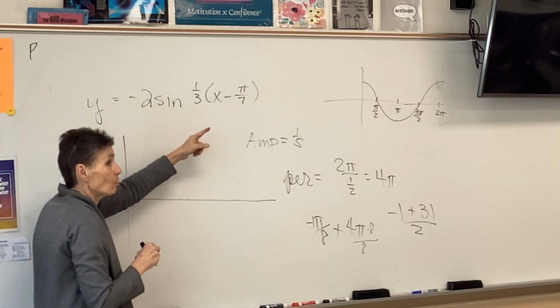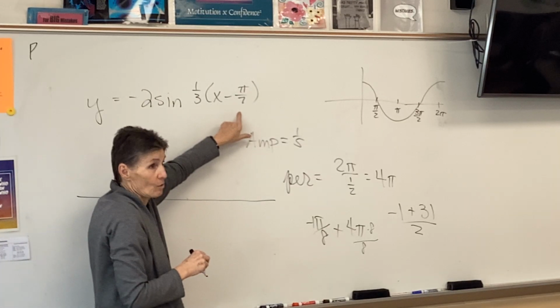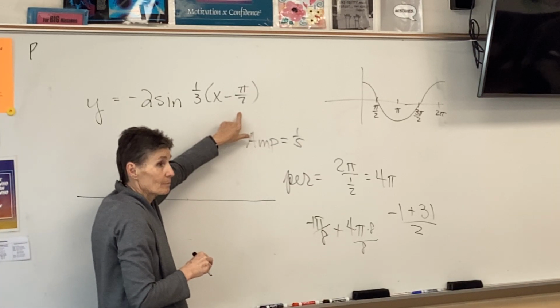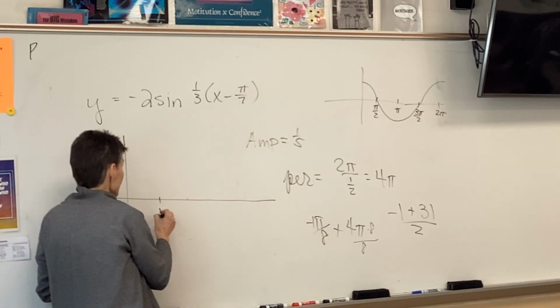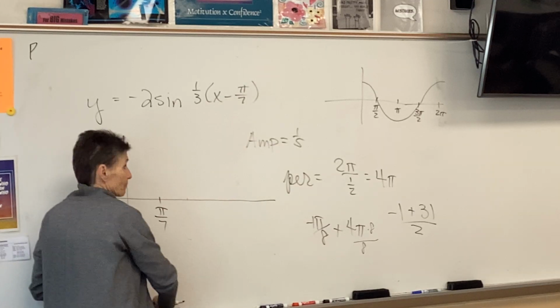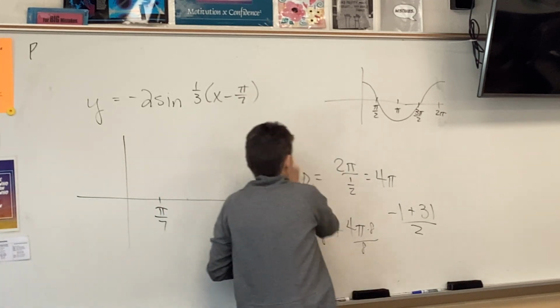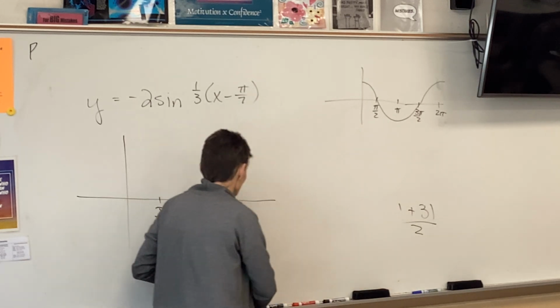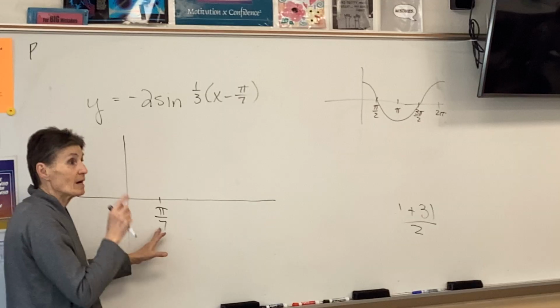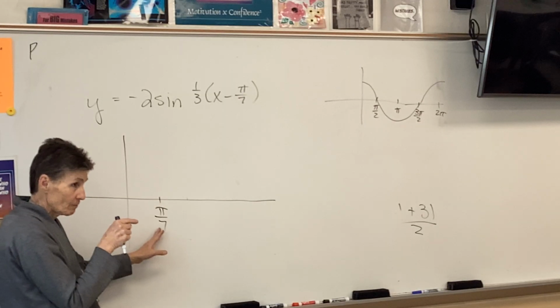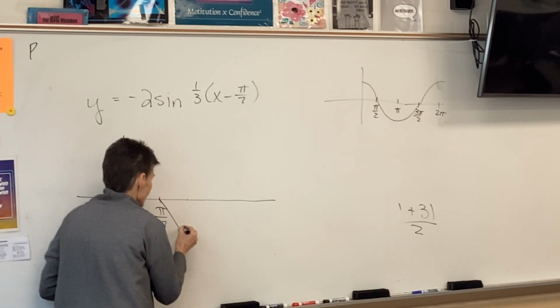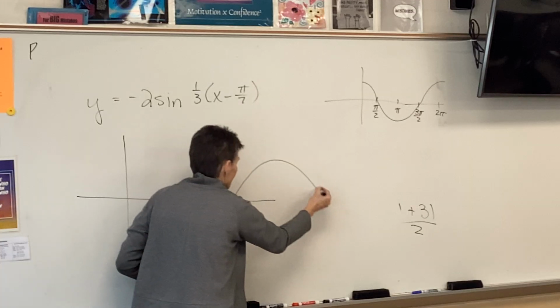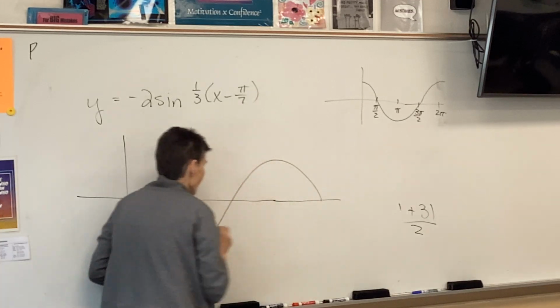And I know it's going to start where? Positive pi over 7. I know the period's almost over, you guys. Let's stay focused. So I have an upside down sine curve that's starting here. So I'm just going to go ahead and sketch that in. You okay with that?